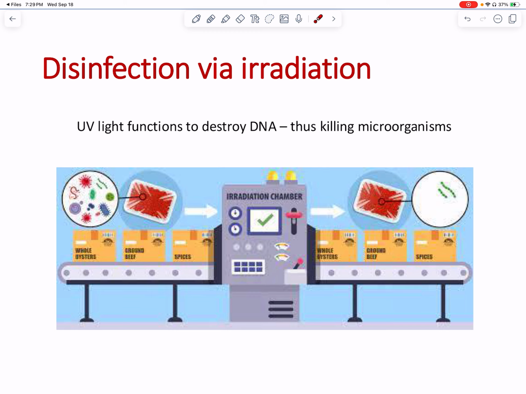Now, again, this is a disinfection process, so it's possible that we're not going to be able to kill all of the microorganisms on the surface. Ultimately, if we're thinking about ground beef, all of that meat is going to be mixed around and mashed up.